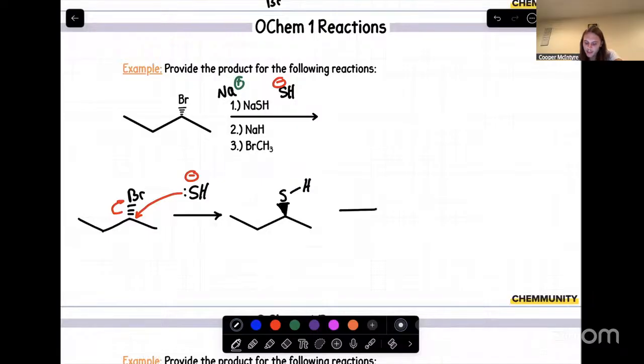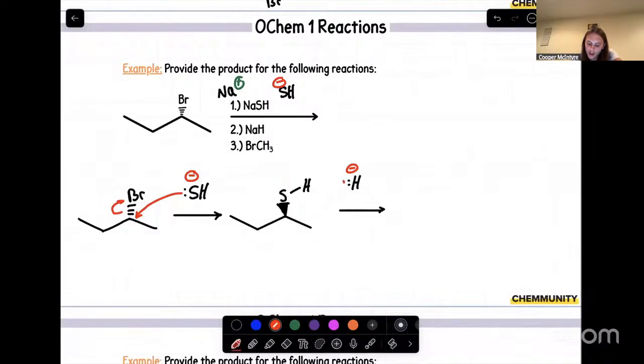And then in step two, what do we have? We have sodium hydride. Sodium, also a spectator ion with a positive charge. And then we have our hydride, which is a super strong base. So since we have a super strong base right here, we do have a proton right here that's bonded to our sulfur that we can snag because this will be decently acidic in terms of the super strong base that we have.